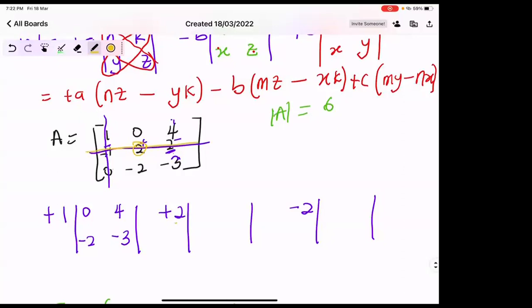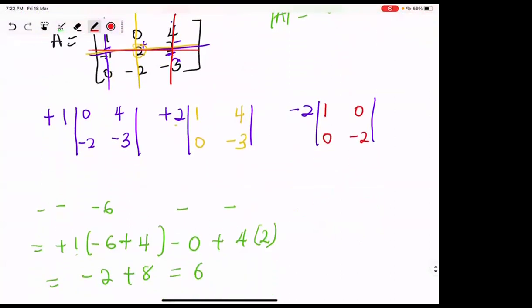We cross out the row, cross out the column in which +2 is, and the numbers not affected are 1, 4, 0, -3. We locate our third component, which is -2, and it's in the second row, third column. We cross these out and we are left with 1, 0, 0, -2.